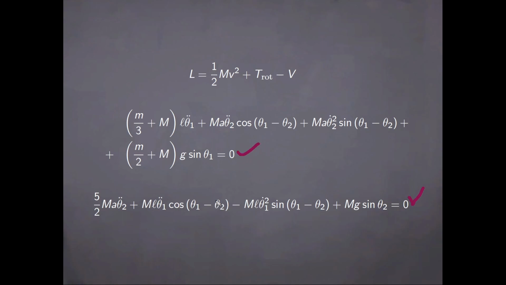And in order to check if they are correct or not, you can compare them with the equations of motion for the simple double pendulum that we have derived all the way back in the first chapter, and you should see that they have an analogous structure.